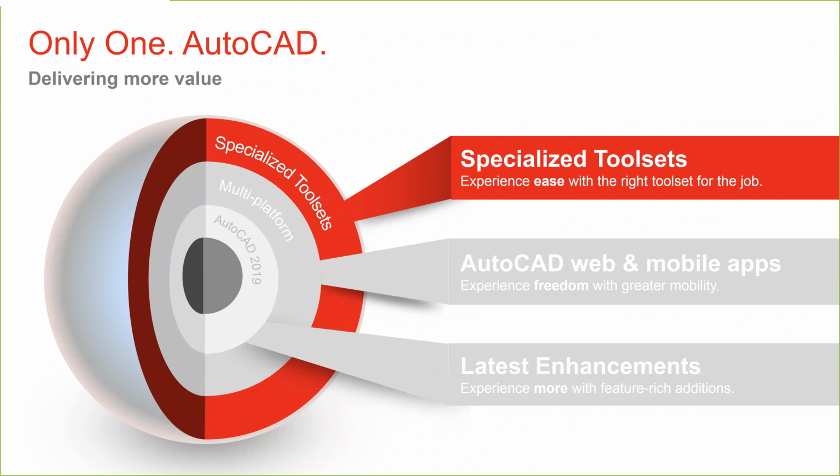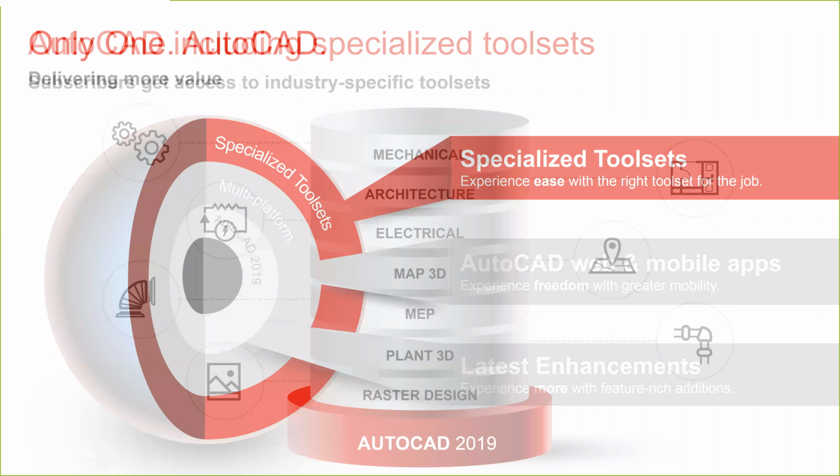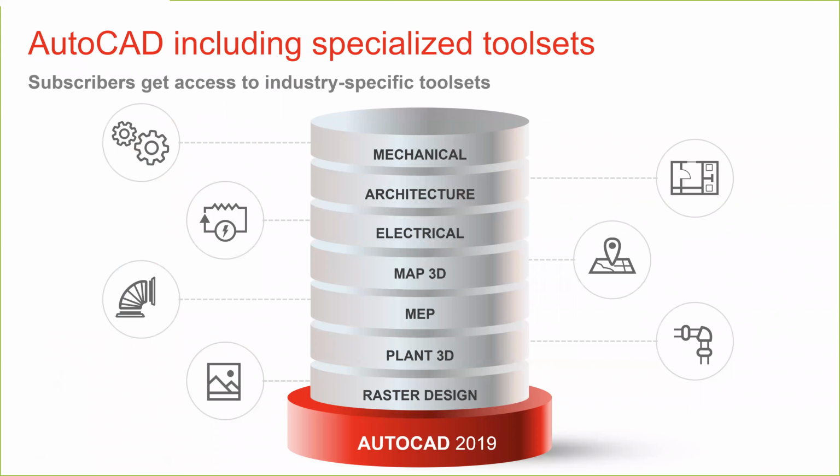Which gives you access to use the software and download as applicable. So with one subscription to AutoCAD, you gain access to the mechanical, architectural, electrical, Map 3D, MEP, Plant 3D, and raster design verticals of AutoCAD.